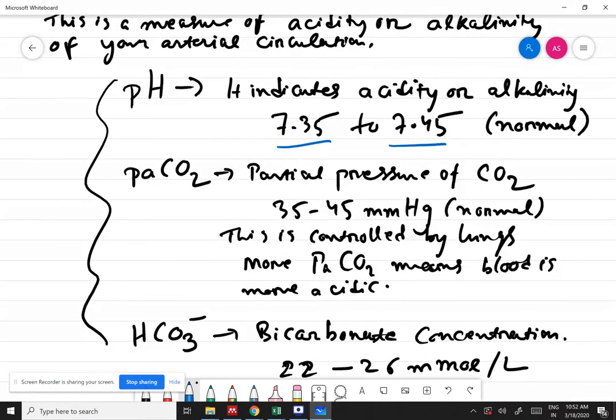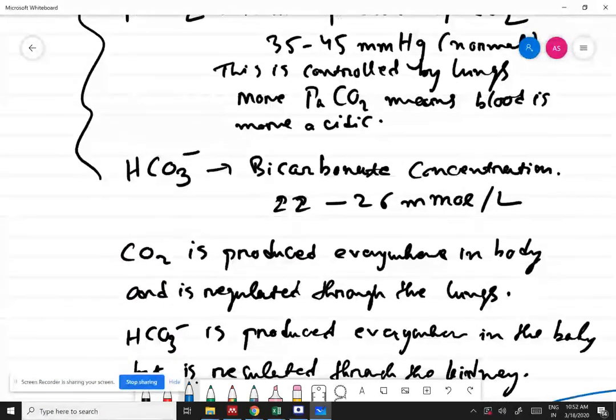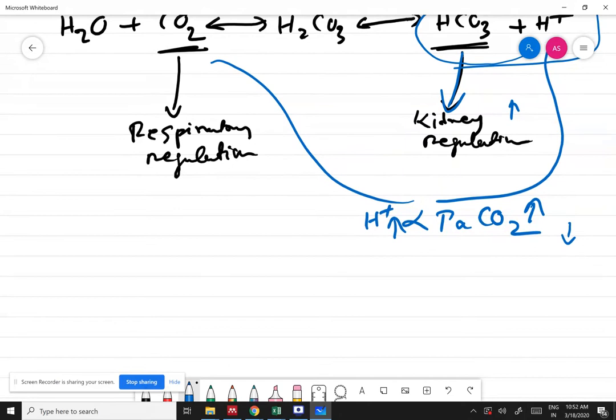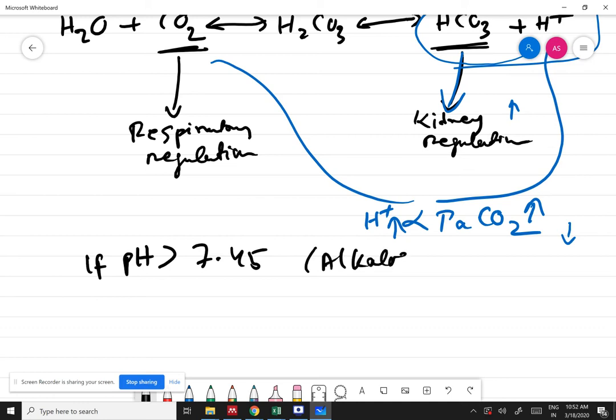If pH goes above 7.45, we call it alkalosis. And if pH goes below 7.35, we call it acidosis.